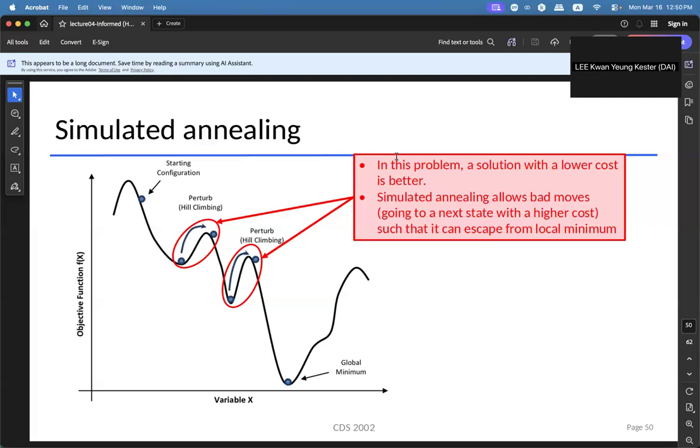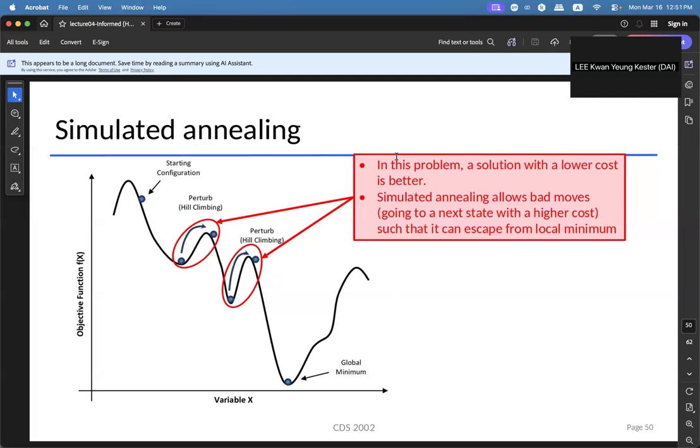If you still allow the algorithm to make a lot of bad moves, then you'll be jumping away from the global minimum, and that is not what we want. We want the algorithm to stop right at the global maximum or global minimum.